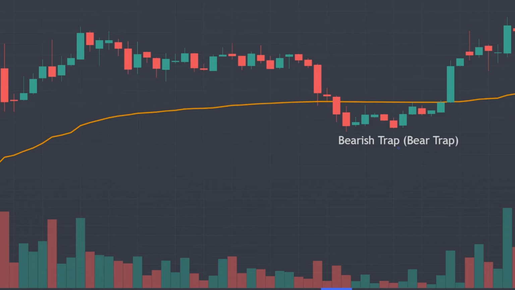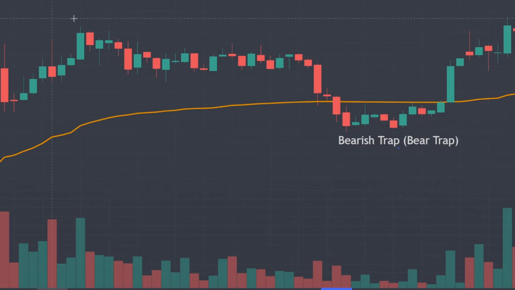The two key terms to note down, and this is important, are the bearish trap or bear trap and bullish trap or bull trap. The names are very straightforward. A bearish trap traps the bears, or the people who are expecting the price to move down. And a bullish trap traps the bulls, the people who are expecting the price to move up.